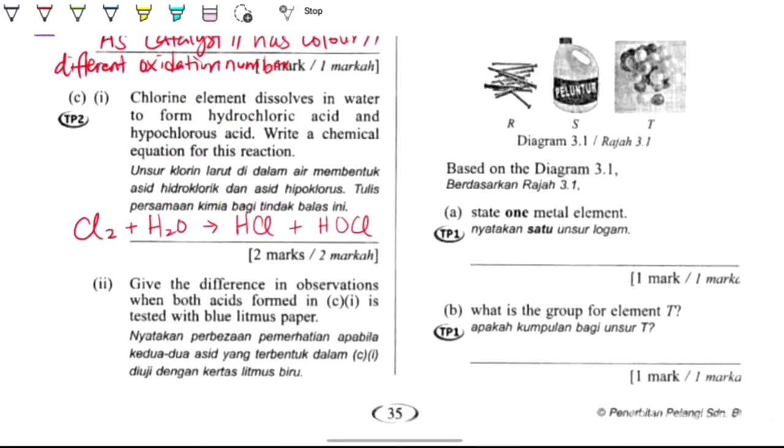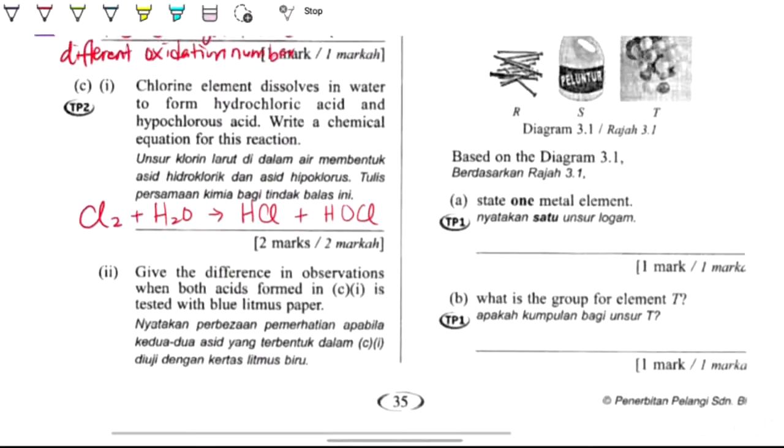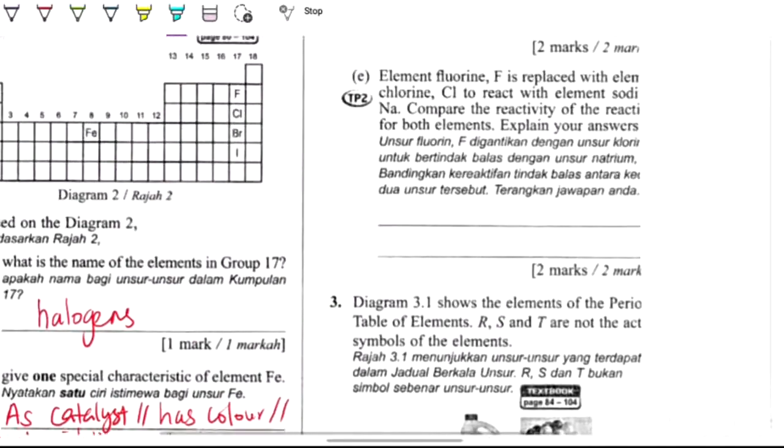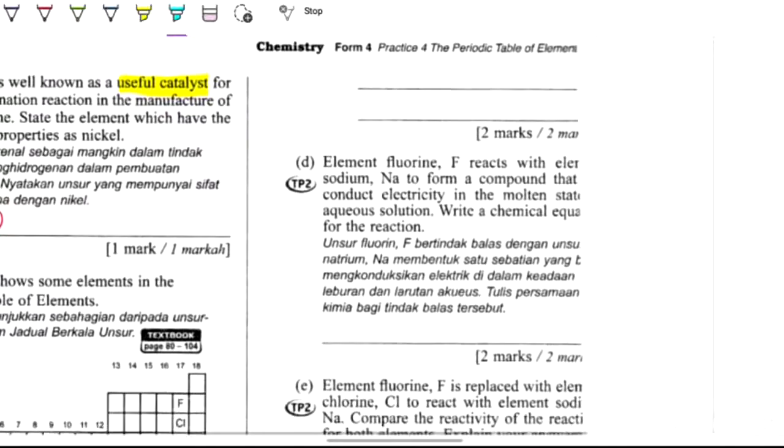Give the difference in observation for both acids formed if tested with blue litmus paper. There are 2 acids here, hydrochloric acid and hypochlorous acid. What is the difference? Hypochlorous acid has bleaching ability, so it can bleach the litmus paper.